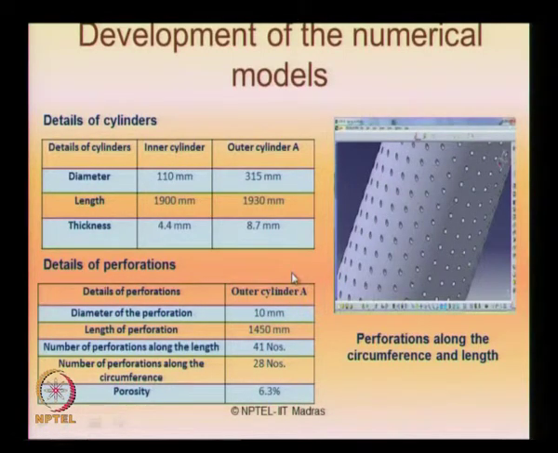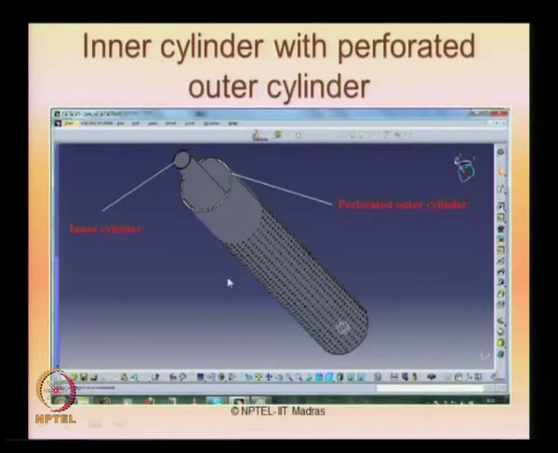In the outer cylinder A, for a different diameter, you can see the length of the perforation is kept the same as the experiment, 1450 millimeters, and the porosity is achieved as 6.3% numerically. This picture shows you the inner cylinder with the outer perforated cover generated in STAR CCM for numerical analysis.